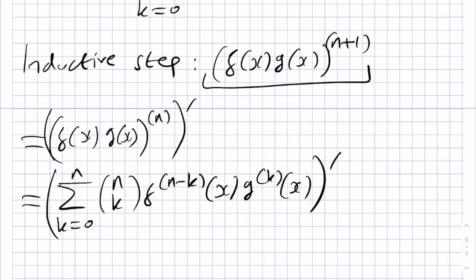Then we can appeal to linearity of differentiation, i.e. this differentiation here only really applies to the functions of x in here, not these coefficients here, and also it can distribute over the sum here. To see why this is, consider differentiating sine of x plus 2 cos of x.